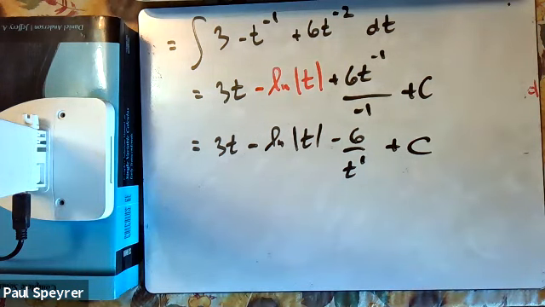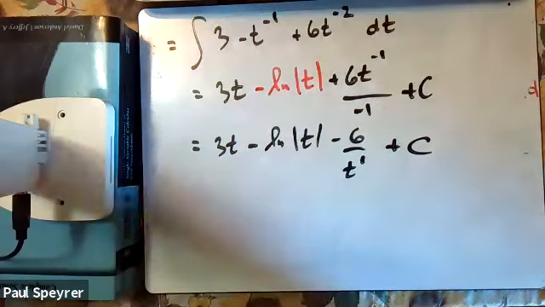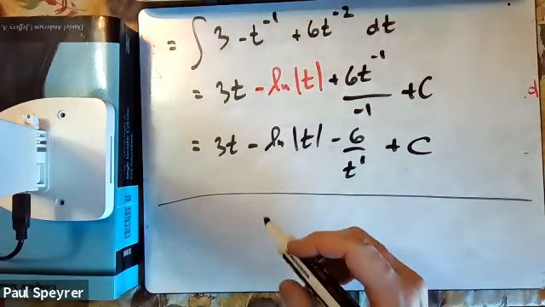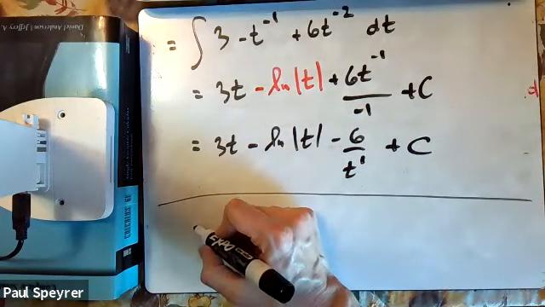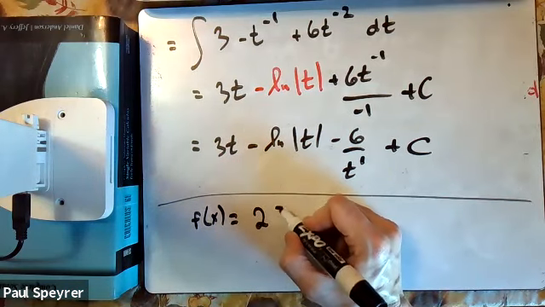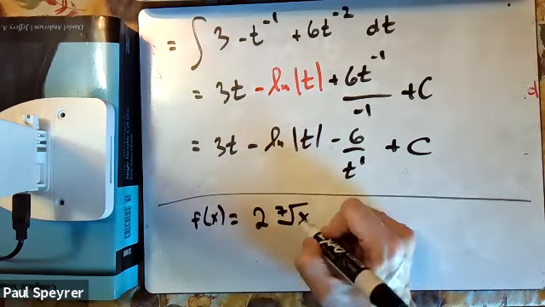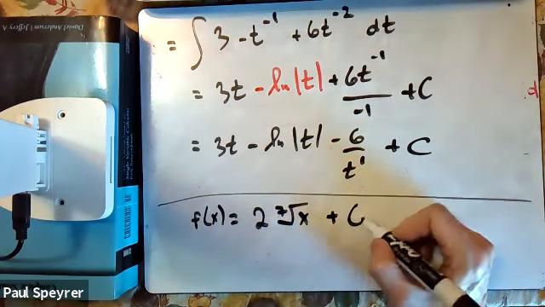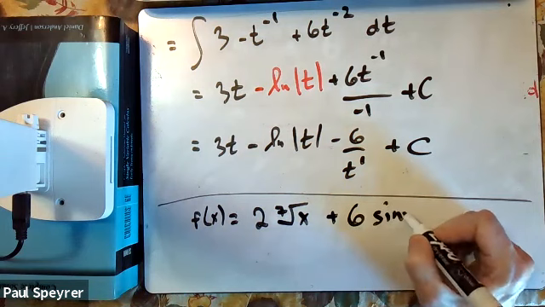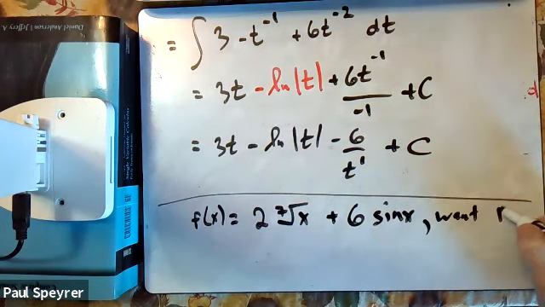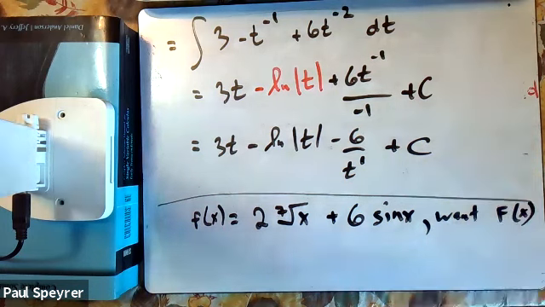All right, let's see now. What if we have f of x equals 2 and then 7th root of x plus 6 sine of x, and then we want big F of x.